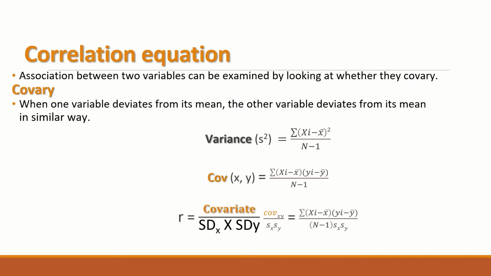Once you follow the correlation equation, it will produce in Pearson a coefficient called R, which is the covariance divided by the standard deviation of both variables.